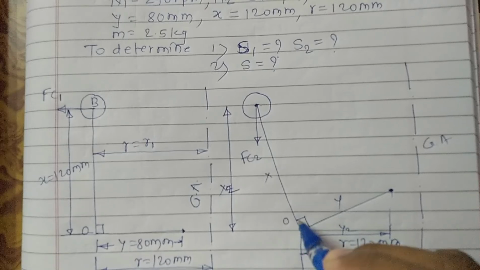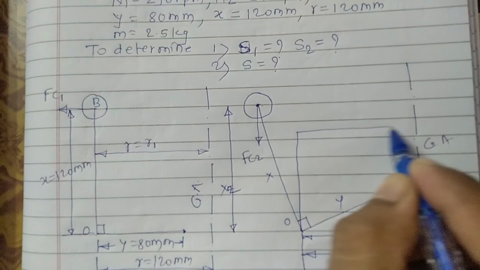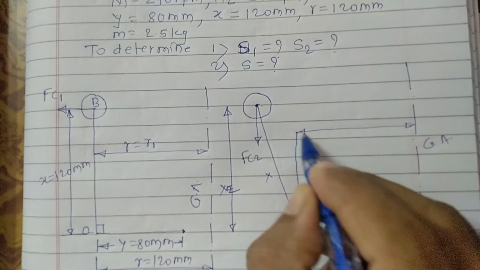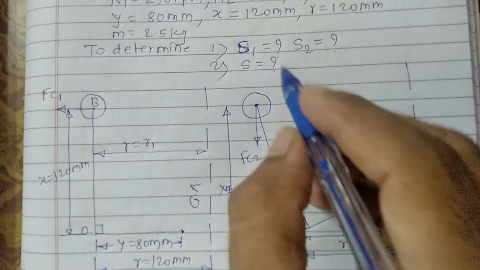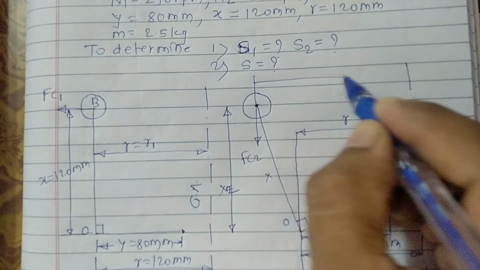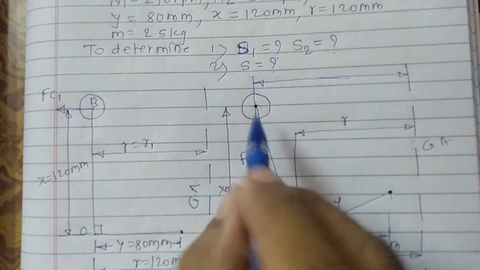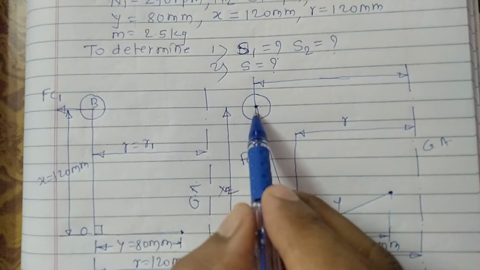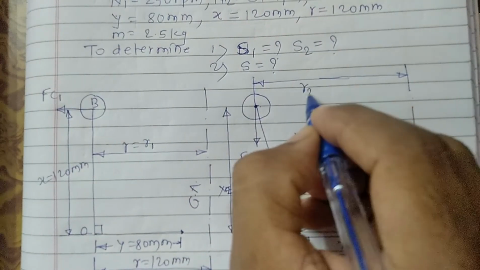From the pivot point up to the governor axis, we get the radius of rotation for that governor, and when the configuration of the governor changes, from the center of this fly ball up to the governor axis is radius 2.